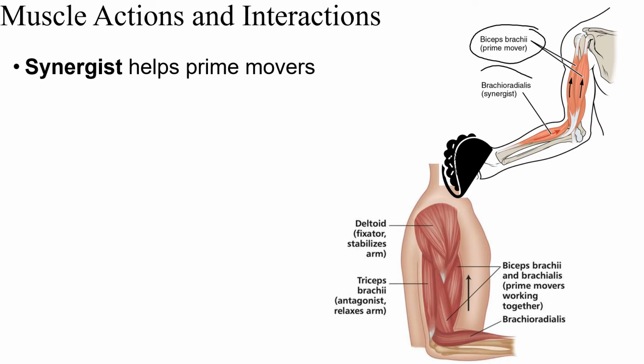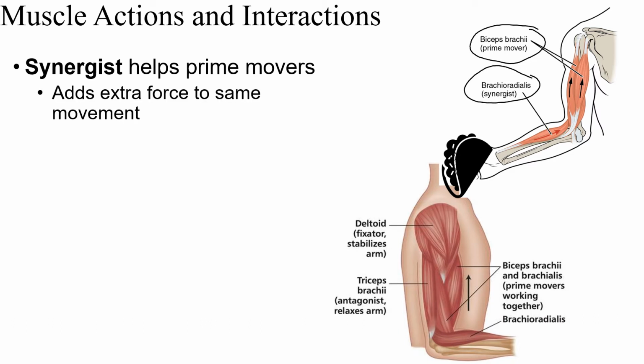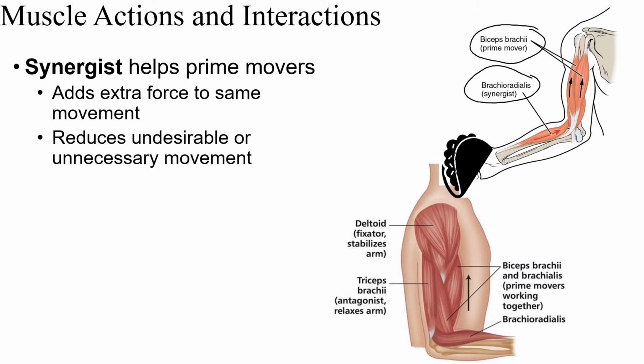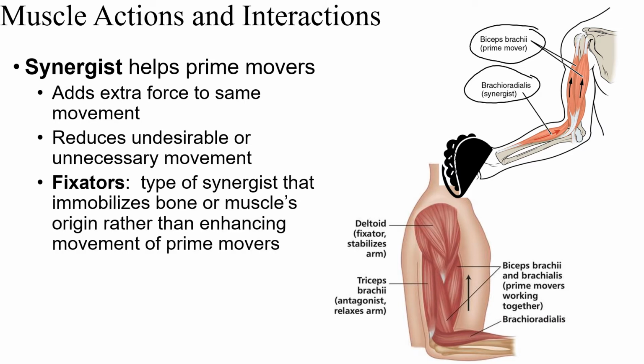But the brachioradialis is going to be a synergist that's going to also help that take place. Synergists are going to add extra force to a movement, and they also will reduce undesired or unnecessary movement. So making sure that the arm is coming to where we want it to go and not moving in a direction that we don't want.